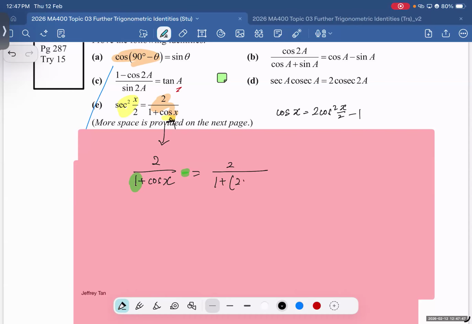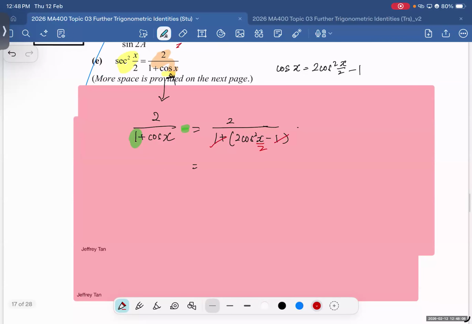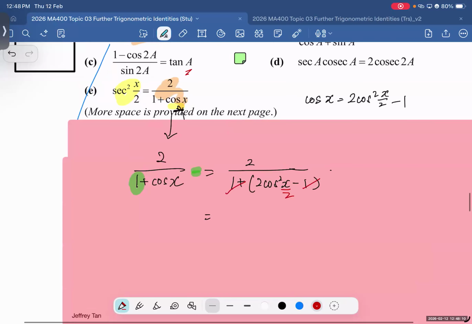2 cos square x minus 1. Cancel. It's just cos. Oh yeah, sorry. No, x has the one with the double. x is double of x over 2.